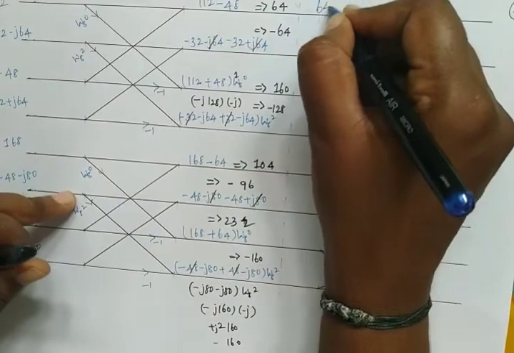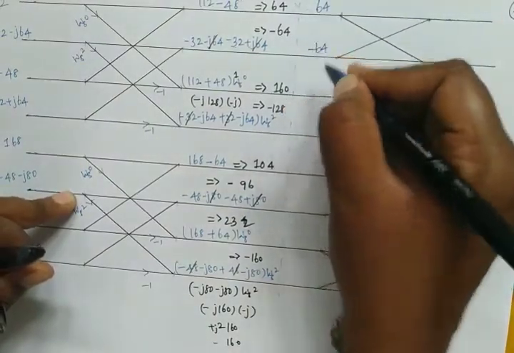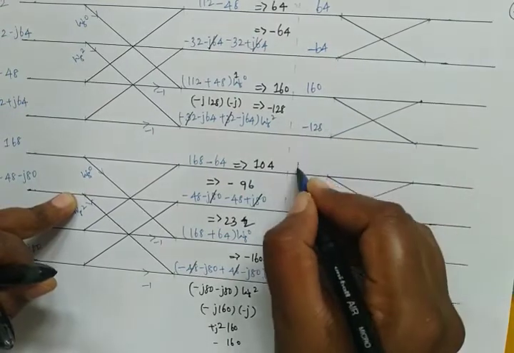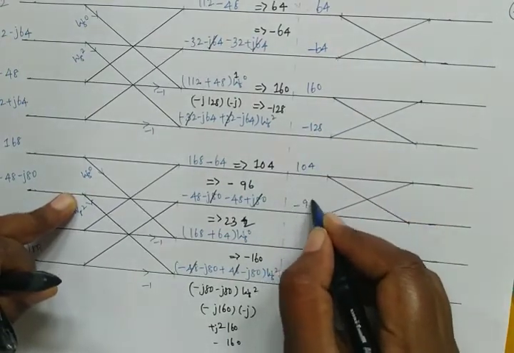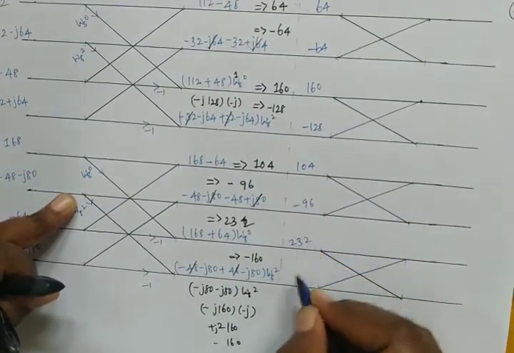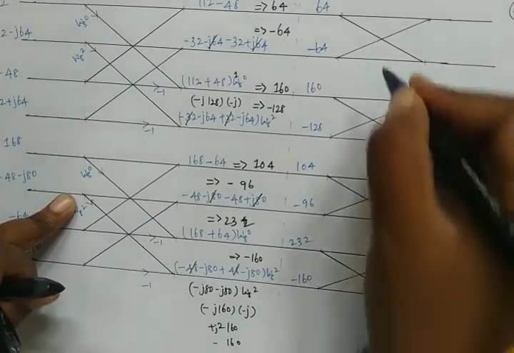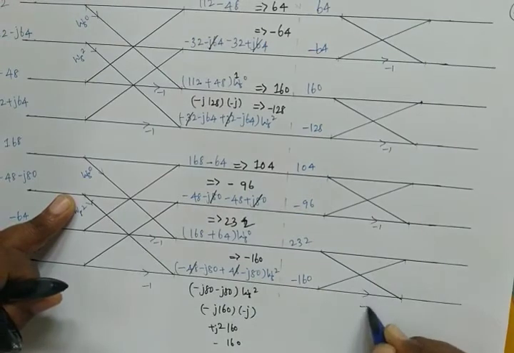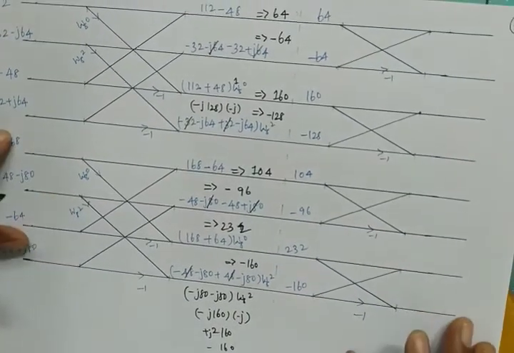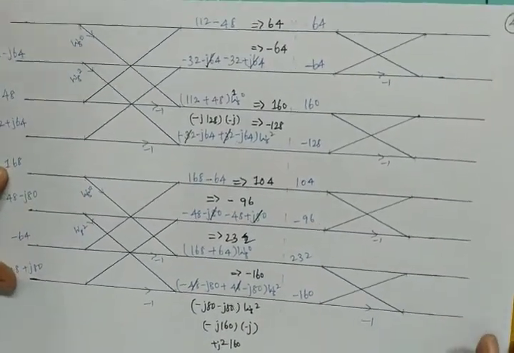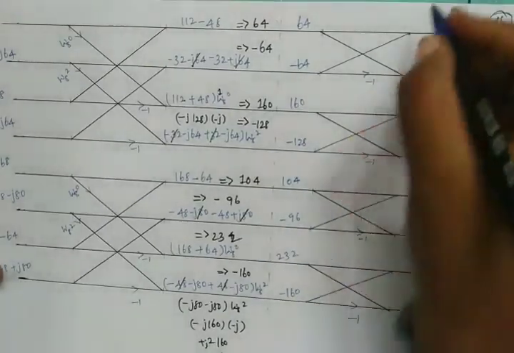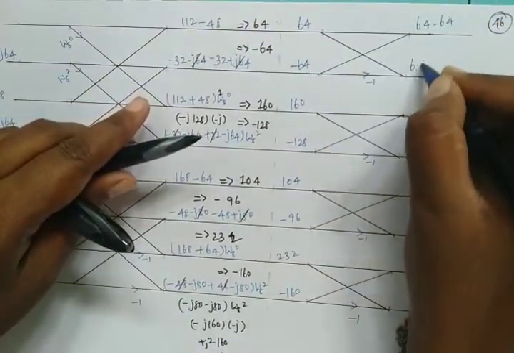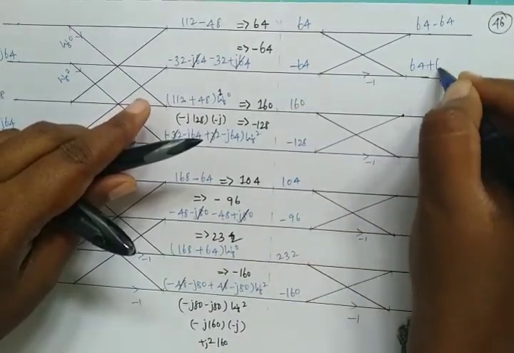Here it is 64 minus 64. This is 160 minus 128, 104 minus 96, 232 minus 160, and now substitute minus 1 in the bottom lines, and no need to substitute that twiddle factor, that is W8 power 0. Now here it is 64 minus 64, and here it is 64 minus into minus plus 64.